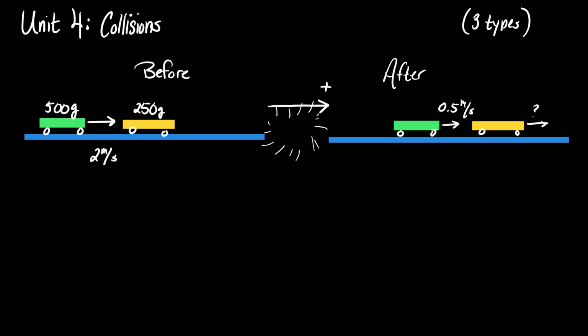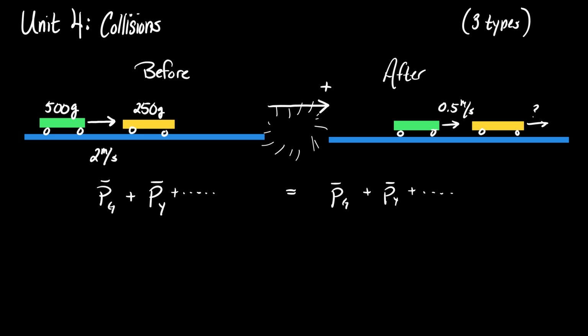Now, what I said yesterday is that if you add up the momentum of all the objects before the collision, the momentum of the green car plus the momentum of the yellow car, and if there are more cars, you could just add them all up, they would have to be equal to the momentum of the green car and the momentum of the yellow car and whatever else happens to be there.